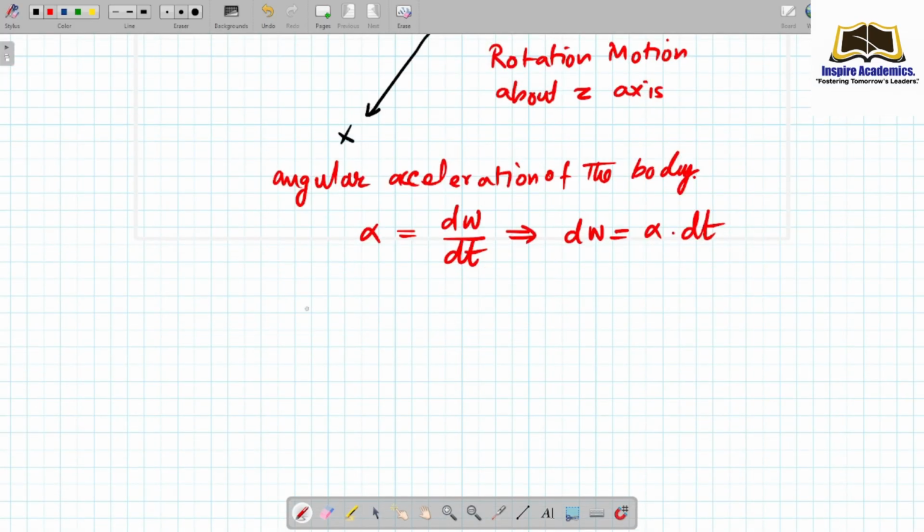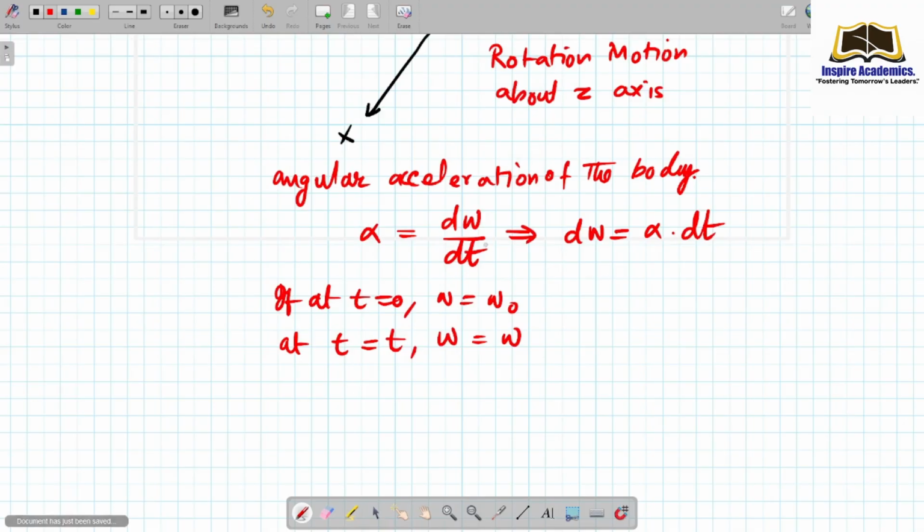Or we can say, if at t equal to 0, omega becomes omega naught, and at t equal to t, omega becomes omega. So how will we write this d omega? Let us do d omega integration would be alpha dt integration.